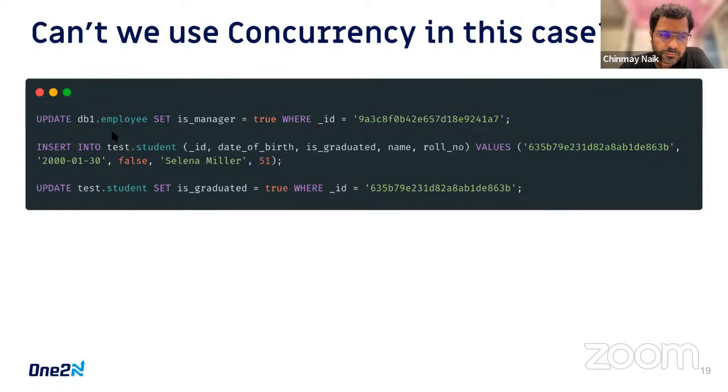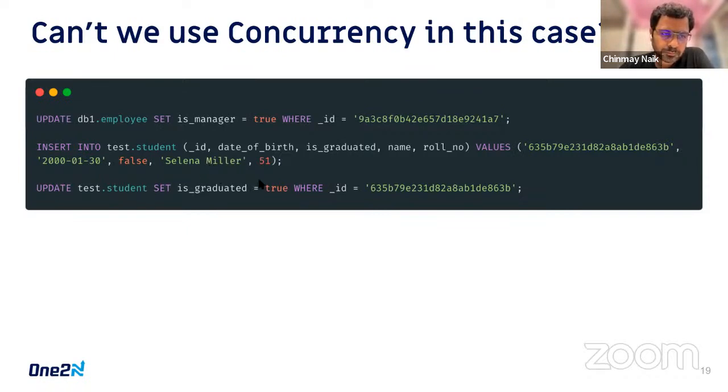But what if there is another DB and another collection in MongoDB? Then it's totally fine if the update statement for db1.employee comes before the insert statement of test.student, right? There is no dependency or problem.